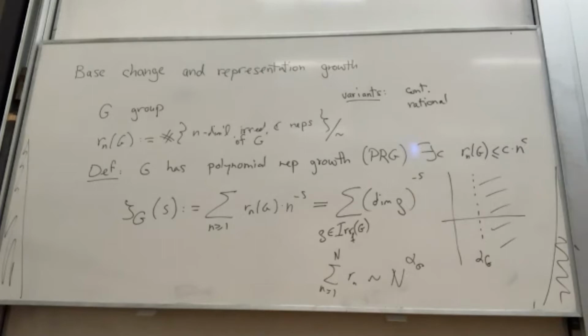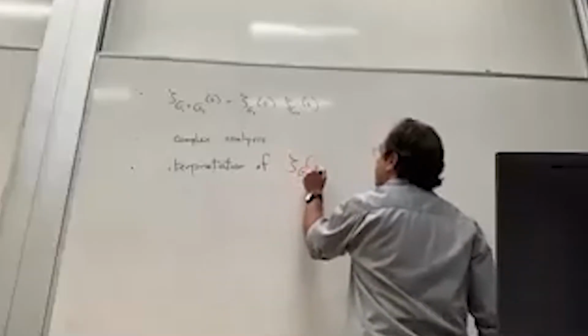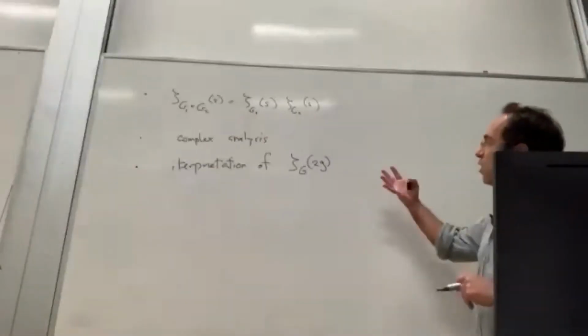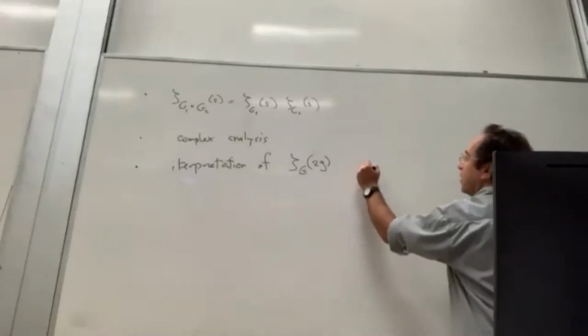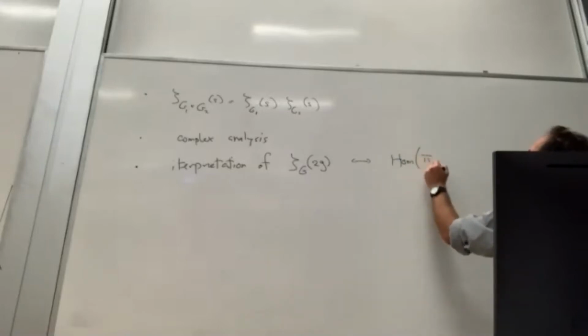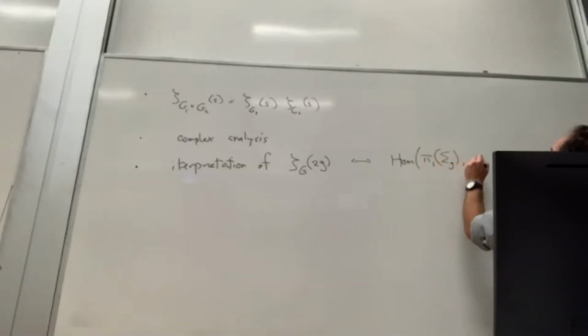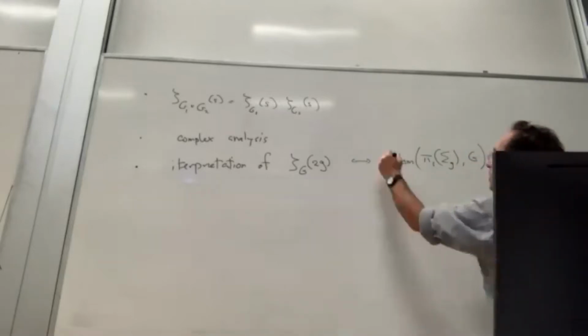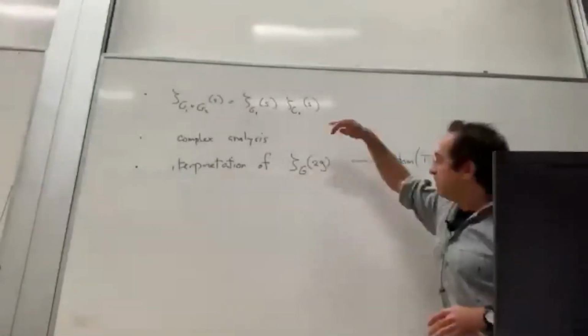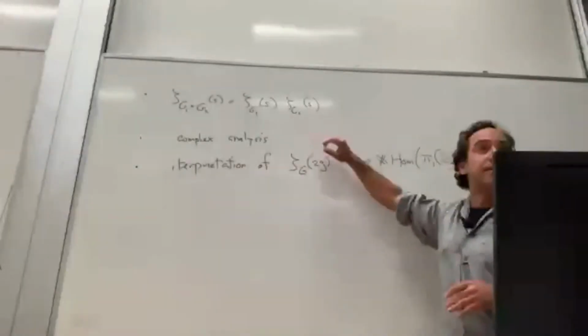Interpretation of special values, in particular, the values at even integers, are related to counting homomorphisms from the pi_1 of a Riemann surface of genus g into the group G. So the number of such homomorphisms, suppose that the group is finite, is the order of G to the power 2g minus 1 times the value of this zeta function at 2g.